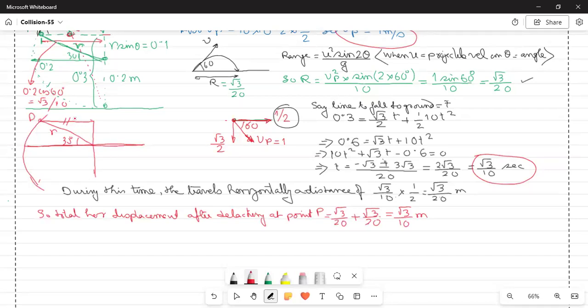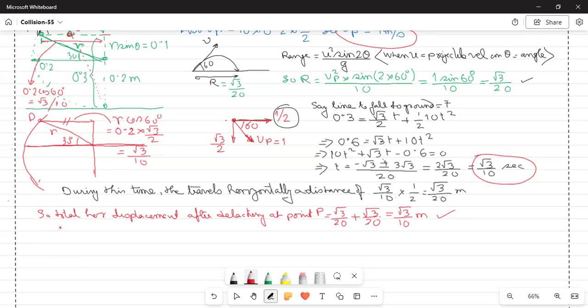This distance was radius R cos 60, R was 0.2, cos 60 is equal to root 3 by 2. This distance was root 3 by 10. And from the point P, the projectile traveled towards right the same distance, root 3 by 10.